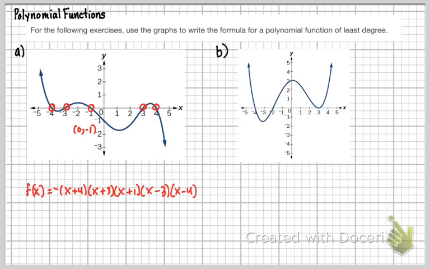So I'm going to take negative (x plus 4)(x plus 3)(x plus 1)(x minus 3)(x minus 4), and that's supposed to equal -1 when I plug in 0 for all of my x's. So I get a 0, 0, 0, 0, and 0.